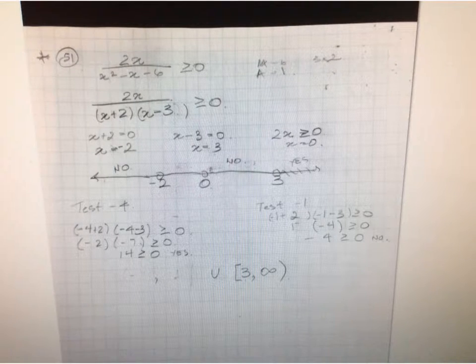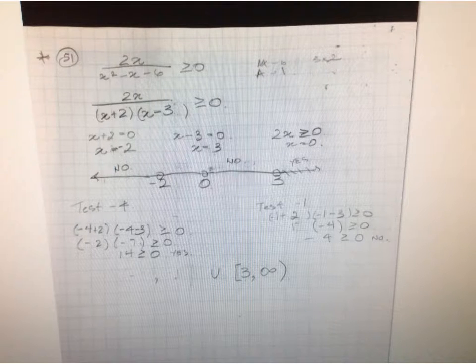So, looking at this problem, you started off really well, and the values that you've got here are interesting because at some of these values you're going to end up with an undefined value on the left-hand side of your equation.